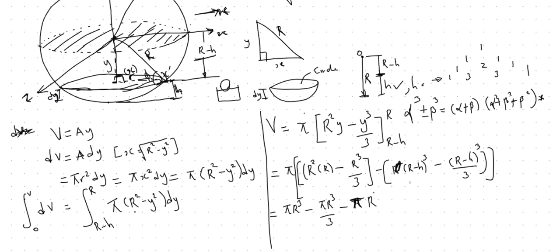So pi r squared h minus pi over 3 into bracket r to the power of 3 minus 3r squared h plus 3r h squared minus h to the power of 3. So this is it, 1, 3, 3, 1.